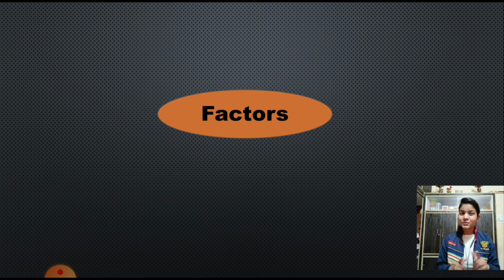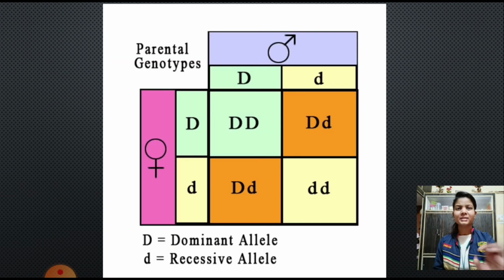These factors were referred to as genes. Morgan used symbols to represent factors. Dominant factors are represented by capital letters, while recessive factors by small letters. For example, here you can see this picture. Capital D denotes the dominant factor, while small d denotes the recessive factor.